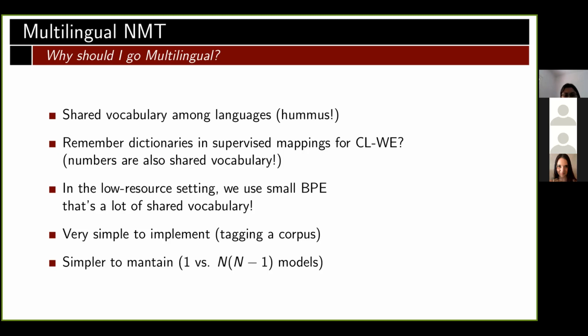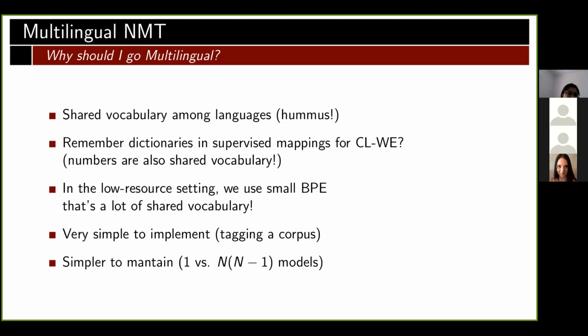It's not clear if all the small BPEs share meaning, because at some point you are just comparing two letters. But since a small BPE works, at some point this means that they share some semantics. So in the low resource setting, joining different languages is going to help you have a shared vocabulary, and having a shared vocabulary helps learning the final translation task.